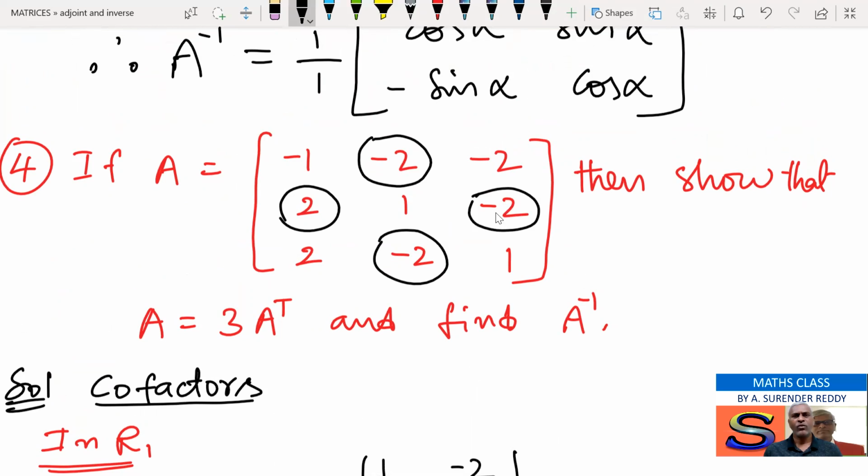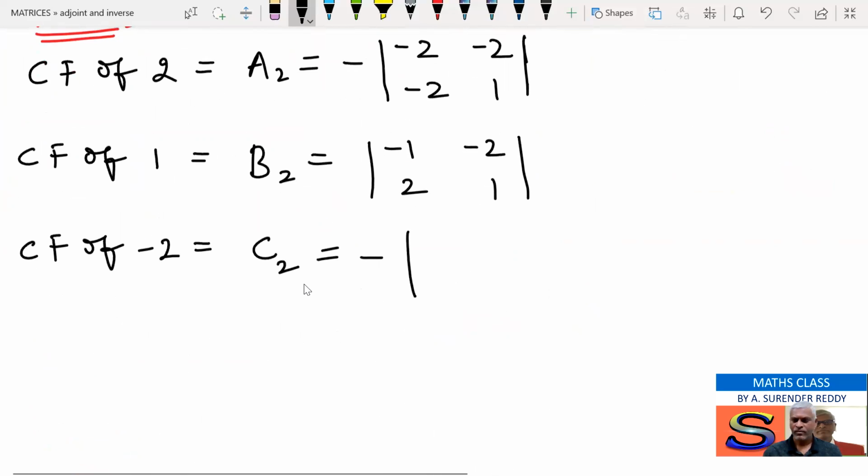So eliminate the second row and third column. So the element is in second row, third column. Eliminating both, the remaining 4 are -1 -2 2 -2.